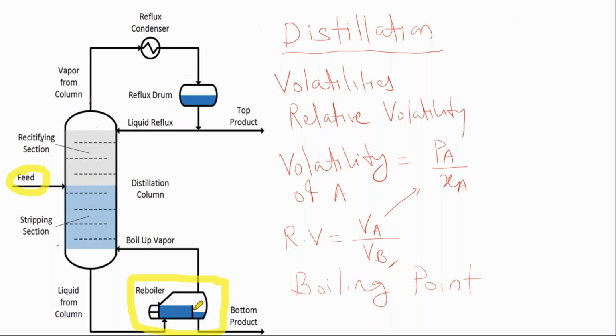The reboiler is nothing but a boiler system which provides thermal energy to the feed, and after getting the required thermal energy and reaching the boiling point of benzene, the more volatile component, the vapors are generated and these vapors are sent to the column.